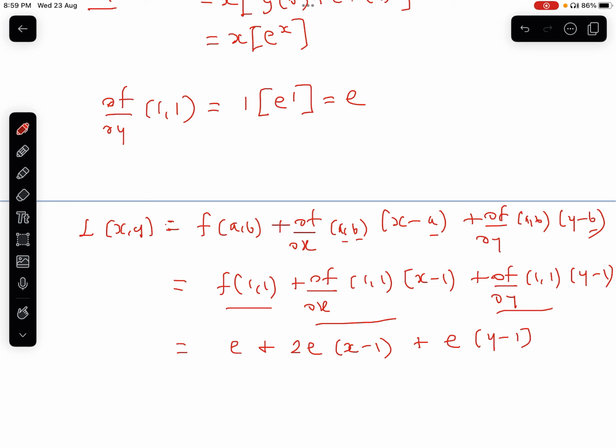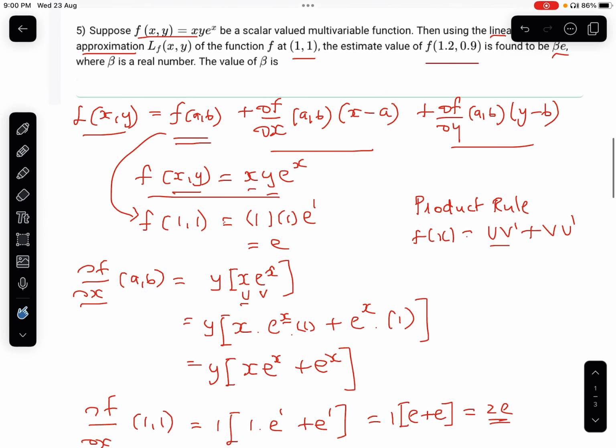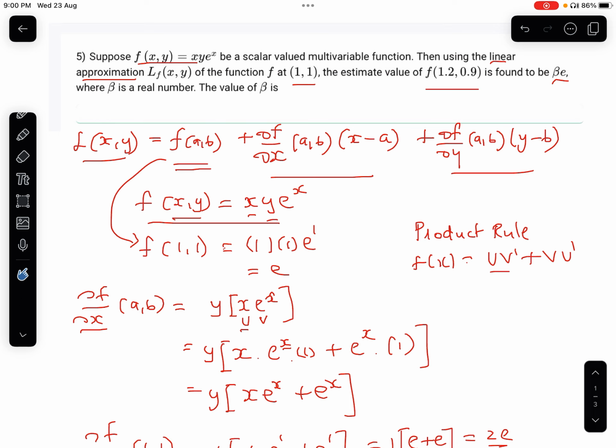Okay, so in the question, they have given that the estimated value of f(1.2, 0.9) is found to be beta e. So we should bring the answer in such a way that it is in the form of beta e, and they also said that beta is a real number. So beta is a real number means what?